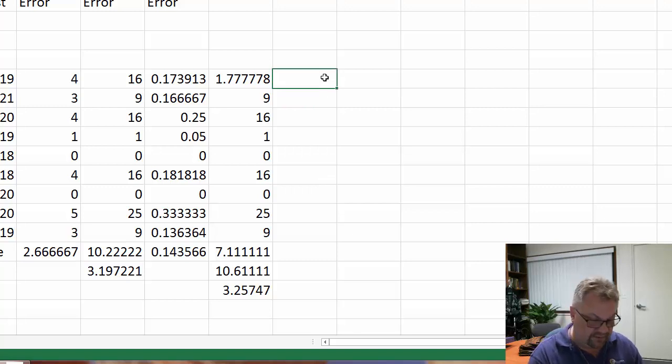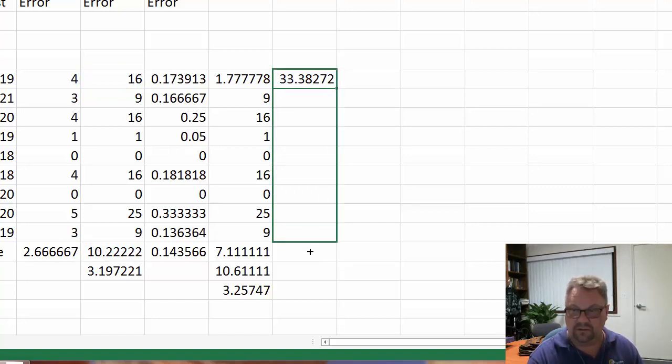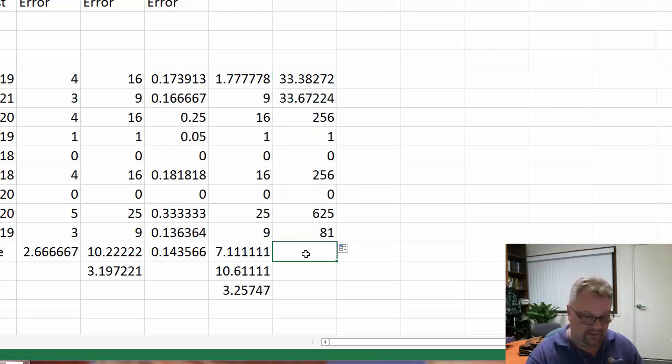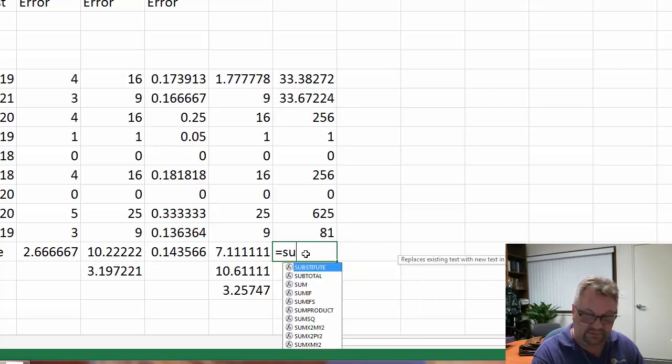And then I could do the same thing. Take this minus this average for my squared forecast error. Square that. Copy that down. And then same thing, take the sum of this.